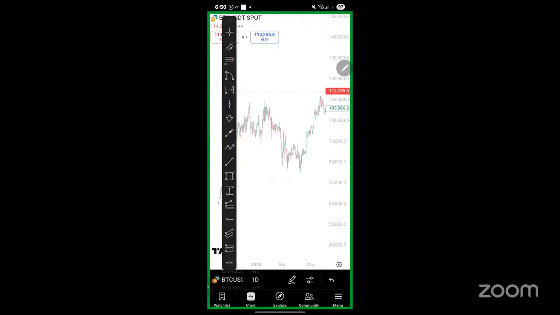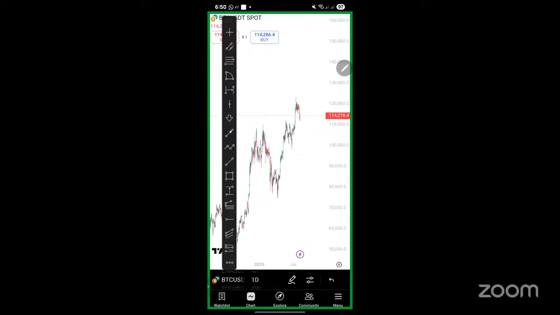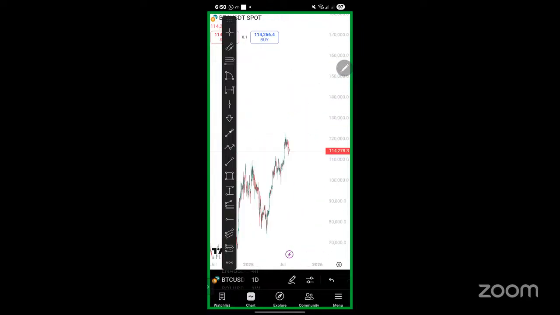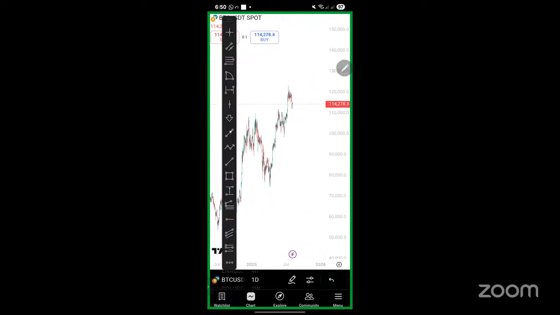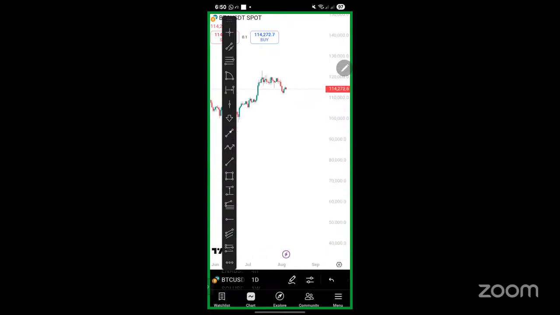Now, looking at BTC at its pure chart in 1 day, it seems to be on an upward trend. Now I will zoom out on BTC.